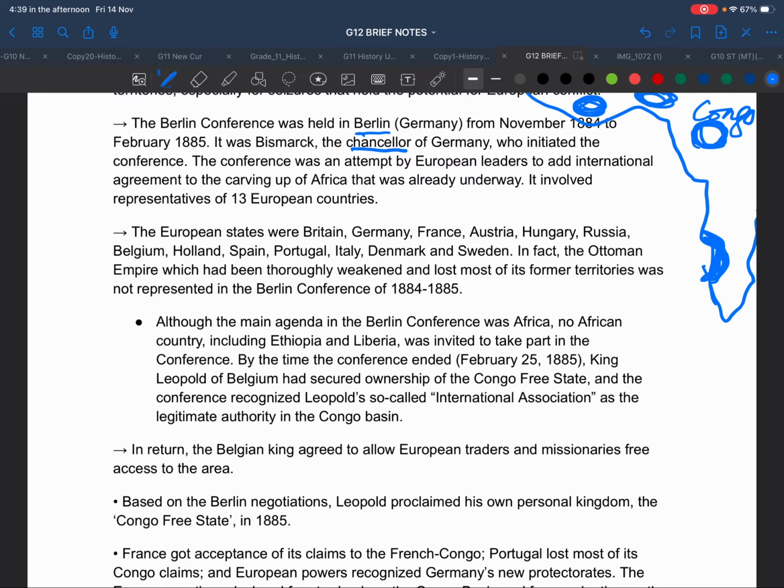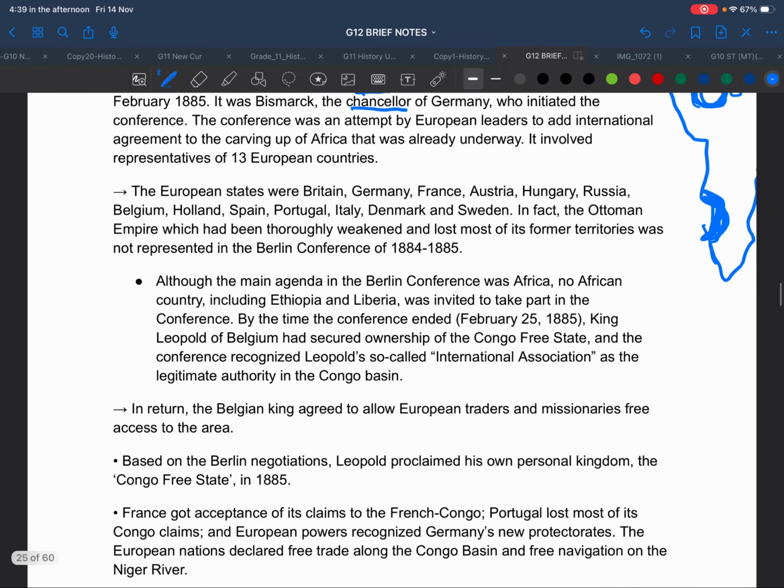The conference was an attempt by European leaders to add international agreements to the carving up of Africa that was already underway, already partitioning Africa into their own spheres of influence.